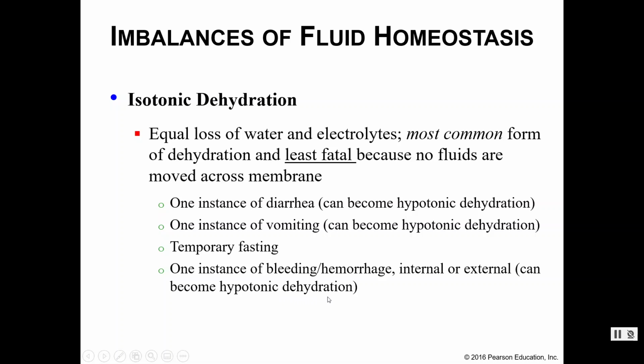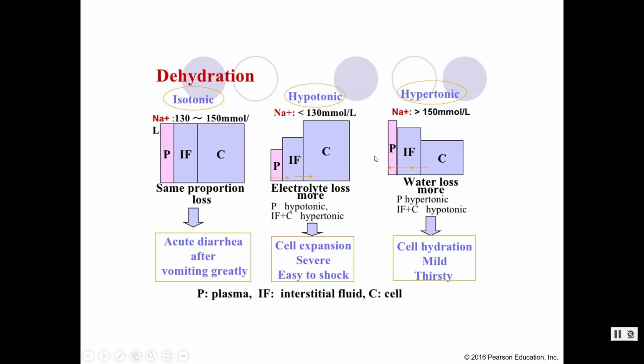Now again, what are we most familiar with? We're most familiar with the diarrhea, the vomiting, or even perhaps the fasting. Again, you got sick once. Something upset your stomach once. Here's kind of what happens. We are going to talk about hypo and hypertonic in a second, but right now we're focused on isotonic.